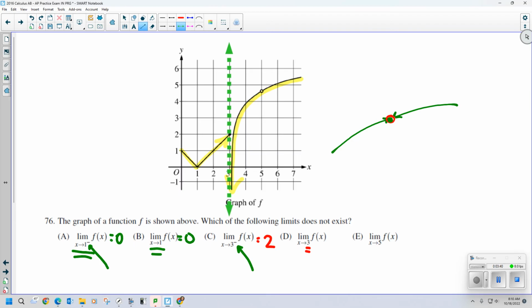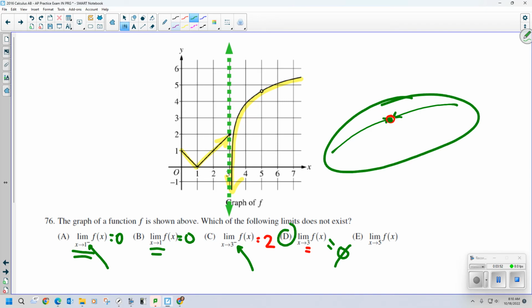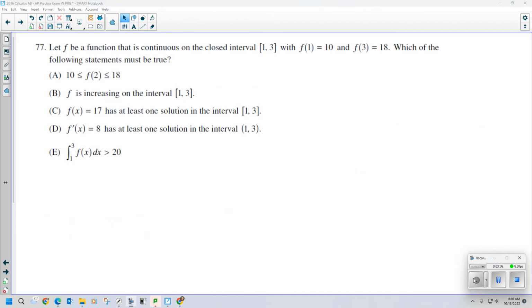As I approach that from the left side, I approach a value of 2. But as I approach it from the right side, it goes to negative infinity, which means it goes down forever. This does not exist. They got to approach the same value from both sides. Simple question. These questions can be simple, but for some reason people overcomplicate them, and I'll explain why in a minute.